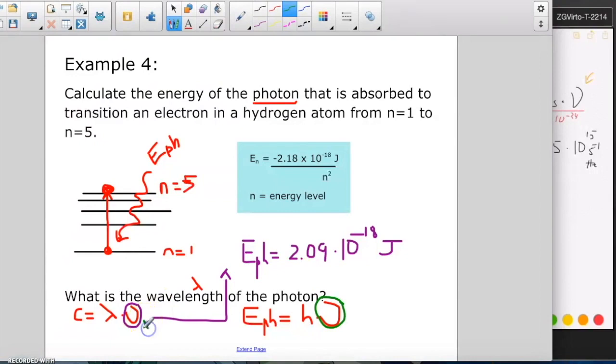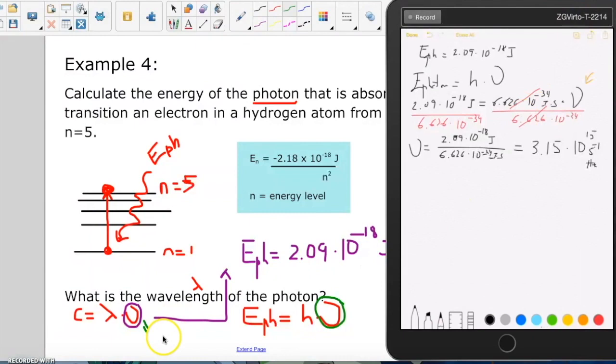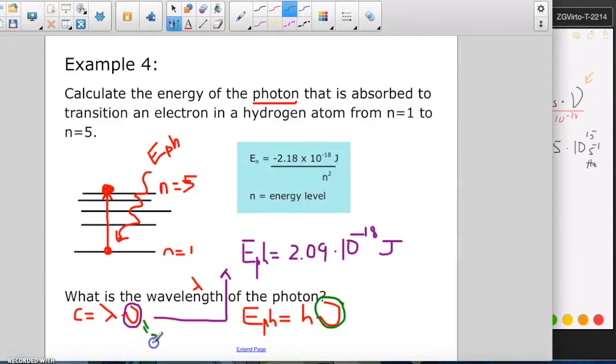So now we know that the frequency is equal to 3.15 times 10 to the 15th.